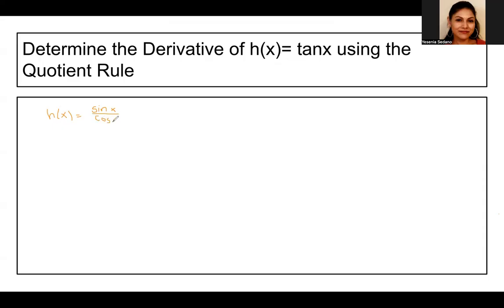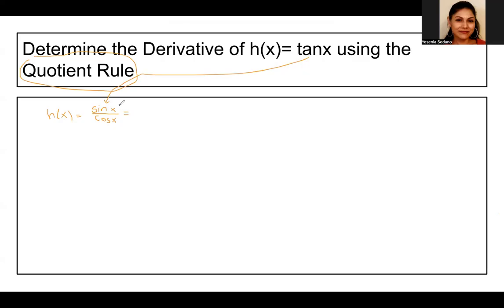So I rewrote the tangent as its definition, sine over cosine. And then I'm going to use the quotient rule to determine these derivatives.